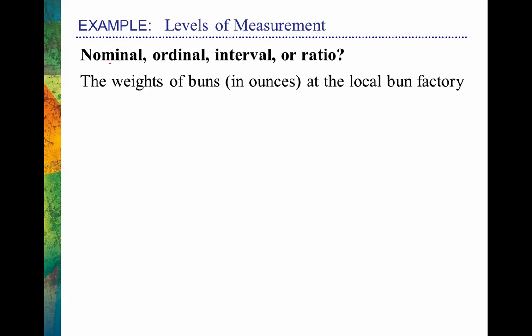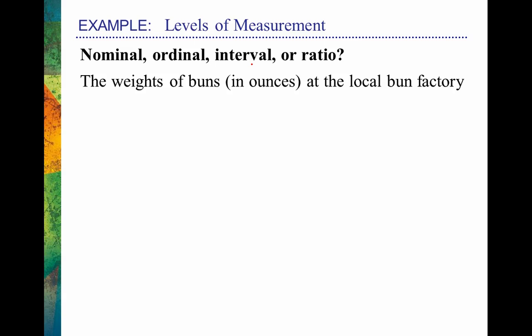So at least we've got names of categories, of course. Can I order those in a meaningful way? Well, yeah, 1 ounce, 2 ounces, 3 ounces. That makes sense in terms of a meaningful order. The next critical question: do I have equal intervals on that scale? Is the difference between 1 ounce and 2 ounces the same amount of difference as there is between 5 ounces and 6 ounces? And 23 ounces and 24 ounces? Yes, every single point on that number line has equal intervals.